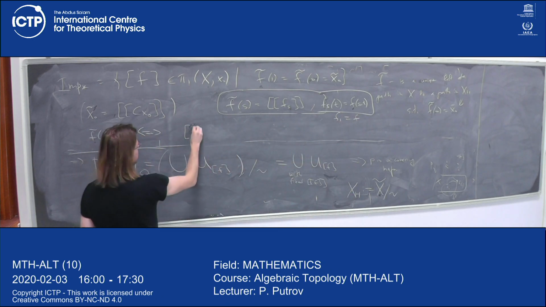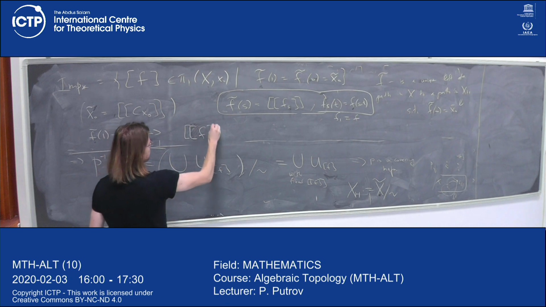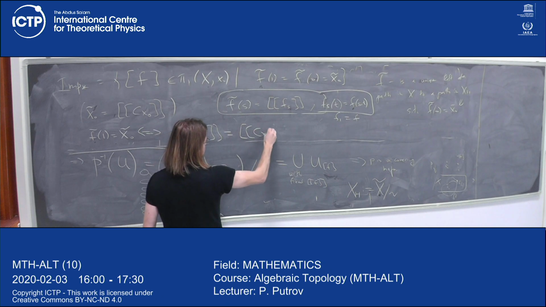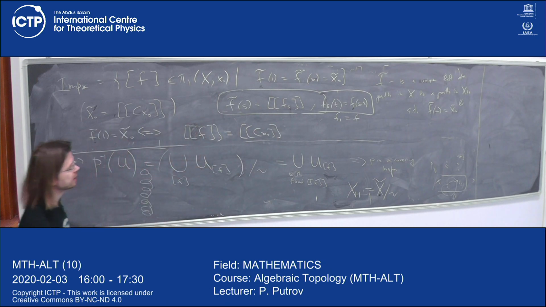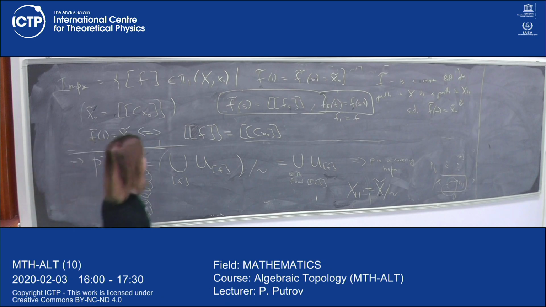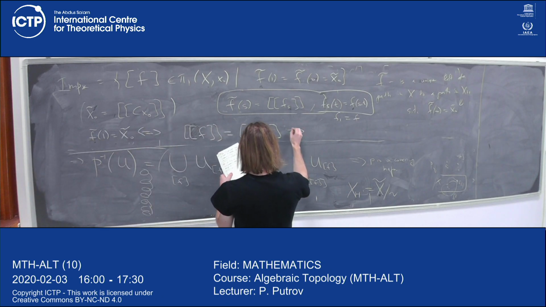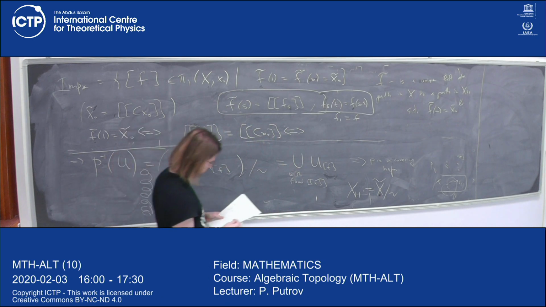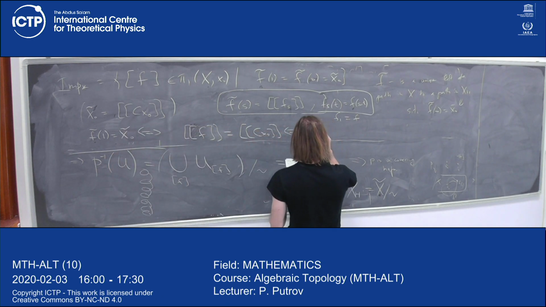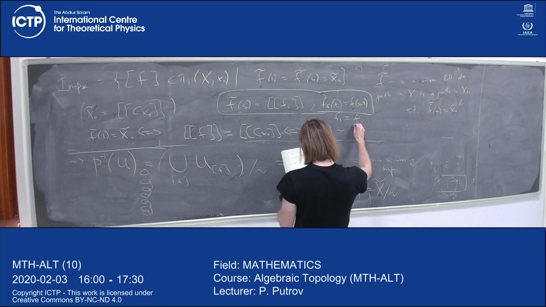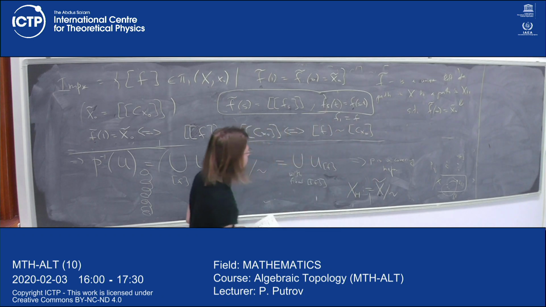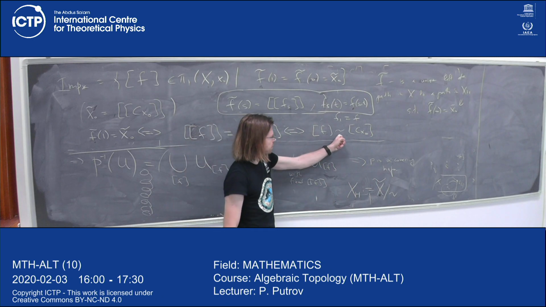So this condition means that the class of f itself is the same as the class of the constant path. By definition of this equivalence relation which we introduced, this means that the class of f is equivalent to the class of C_x0.